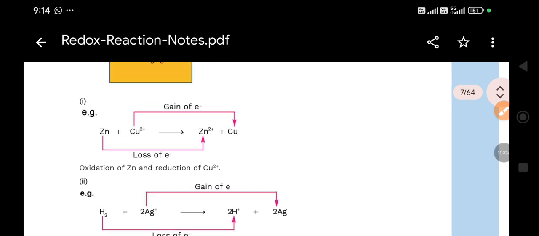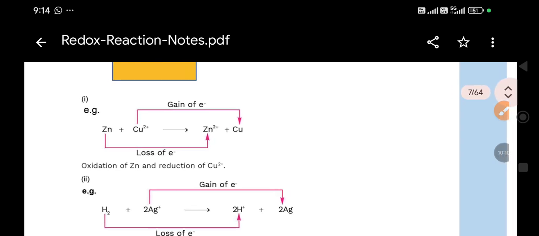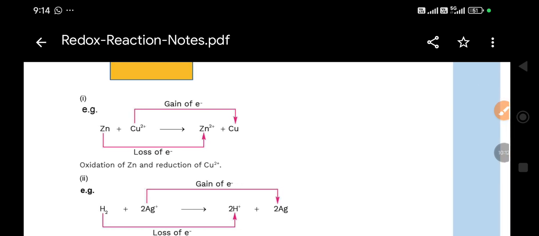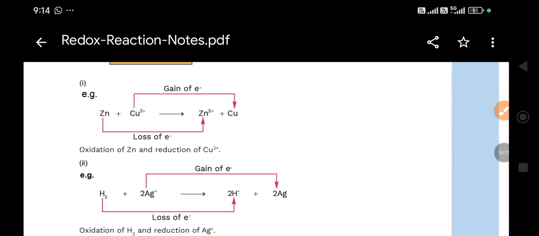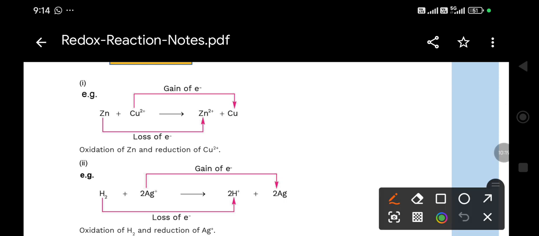Now let us see one example where transfer of electrons takes place. Here is the reaction between zinc and copper. Zinc changes to Zn2+, meaning it is losing two electrons.